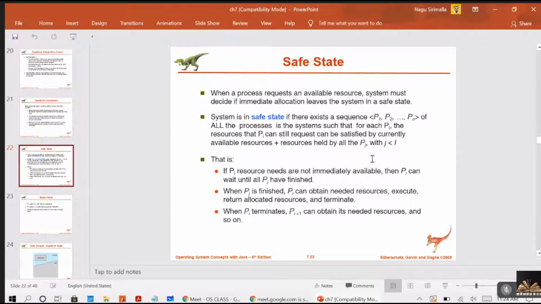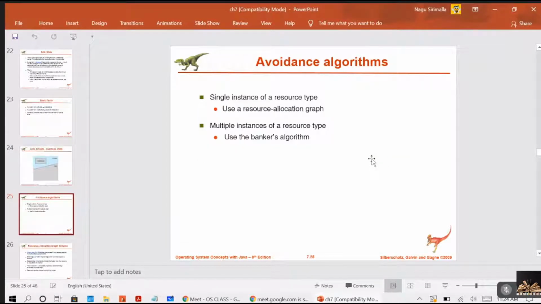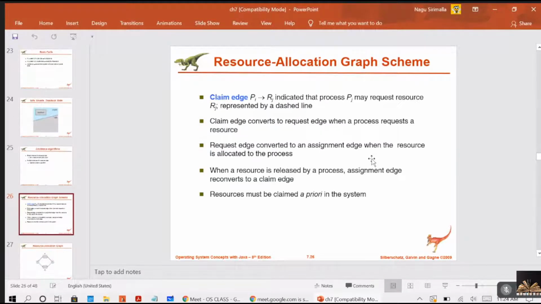Coming to the resource allocation graph, what we are doing here is, we will be using one more edge along with the request edge and the assignment edge. We will have a claim edge. What is a claim edge?